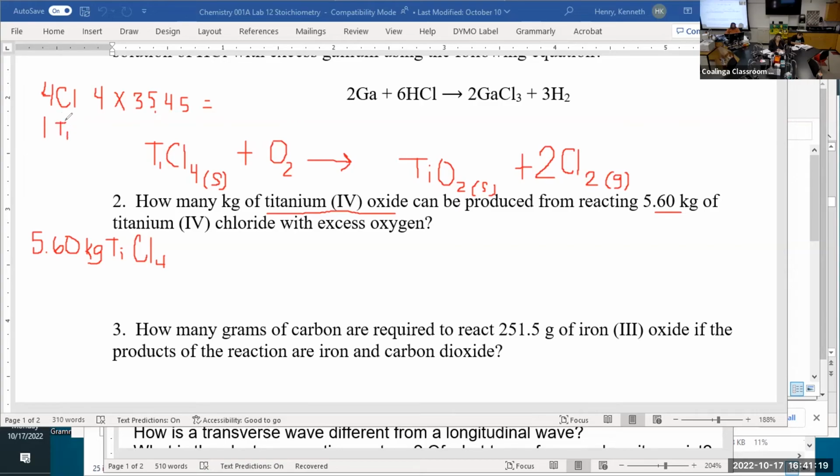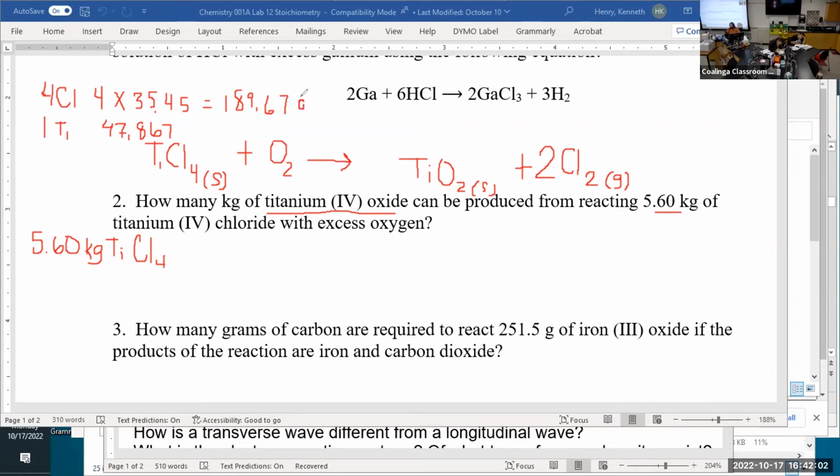How much does titanium weigh? 47.867. So we got 4 times 35.45 plus 47.867, so you got 189.6.